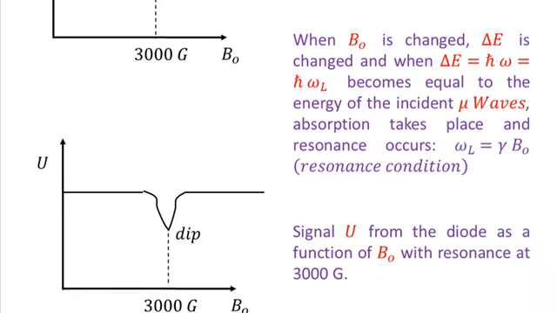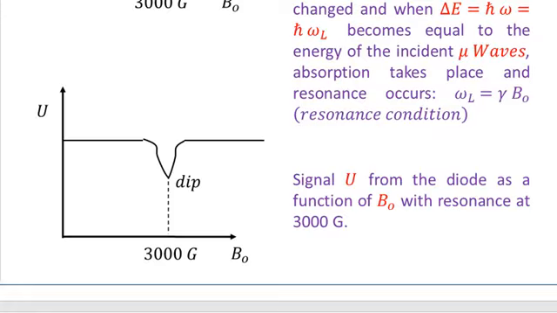And under this condition, a dip is observed in the signal of the diode. So you see that a constant signal is received at the diode when there is no matching of the microwave signal with the energy difference between the two levels. When the microwave matches, that is when the resonance condition is satisfied.